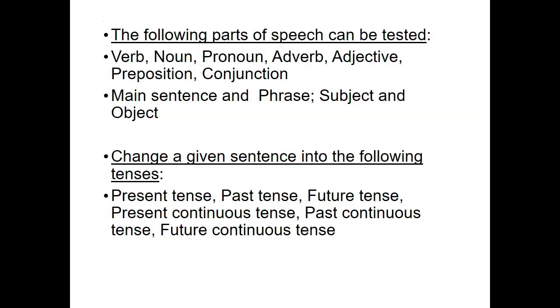Change a given sentence into the following: present tense, past tense, future tense, present continuous tense, past continuous tense, future continuous tense. Future continuous tense will usually be will be singing, will be running.